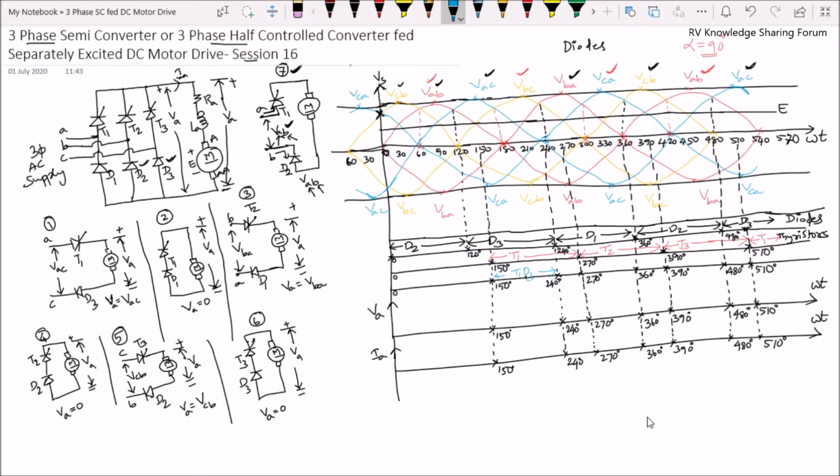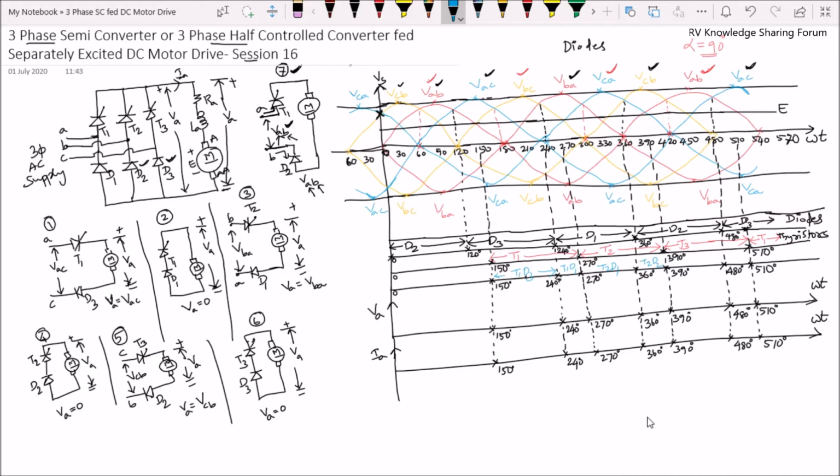Similarly, from 240 degrees to 270 degrees, thyristor T1 and diode D1 are conducting. From 270 degrees to 360 degrees, thyristor T2 and diode D1 are conducting. From 360 degrees to 390 degrees, thyristor T2 and D2 are conducting.